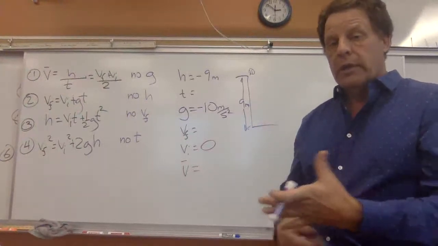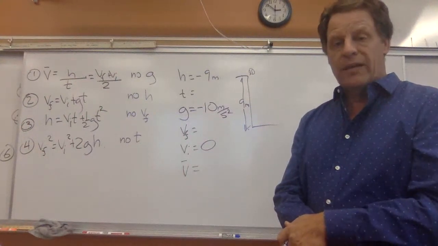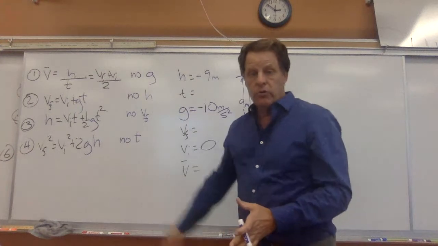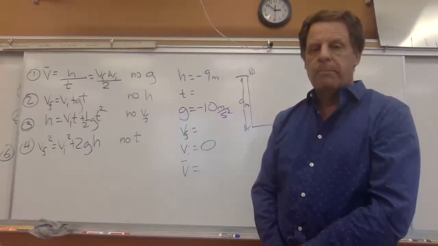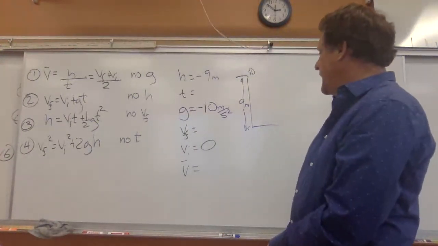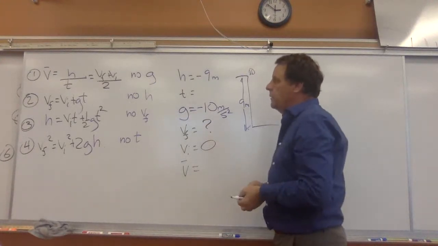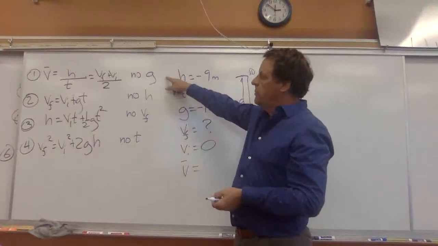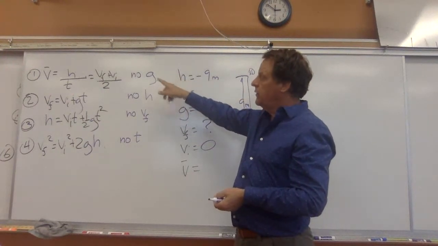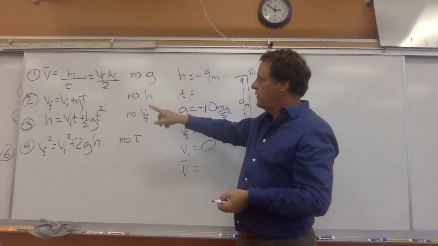Now, this is the hard part. We want to identify which of those 4 equations we're going to use. We want to know V final. Equation number 1 has V final. Equation number 2 has V final.